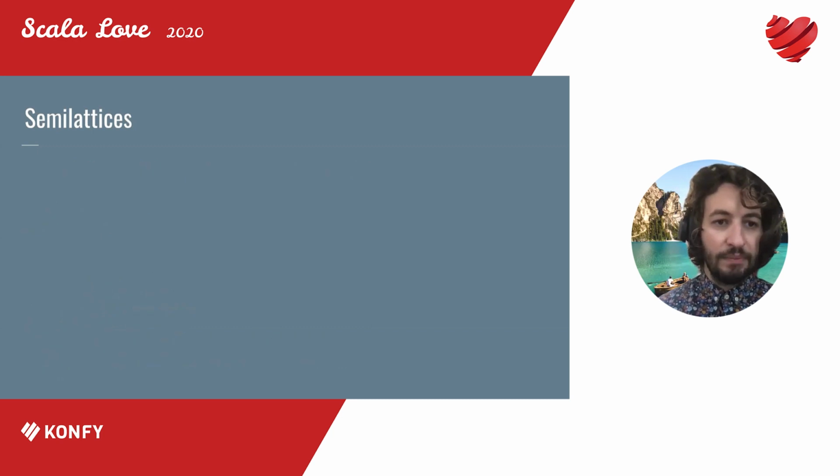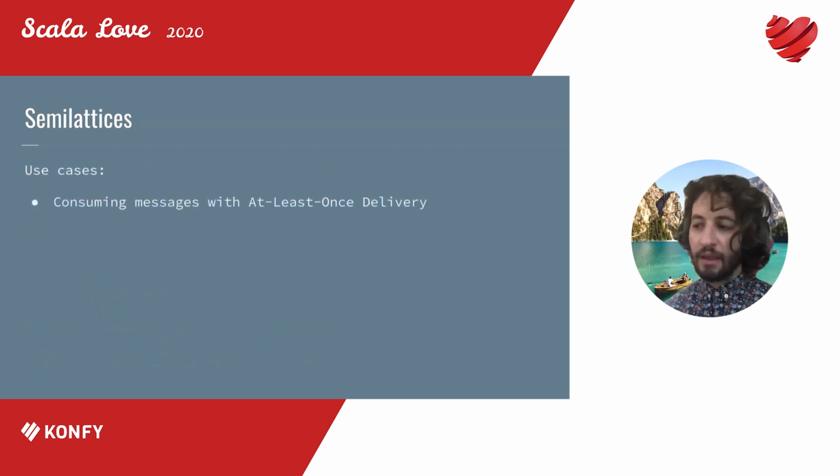Okay, what can we do with semilattices? What else is there? Idempotency is a really important thing if you look at distributed systems like Amazon SQS, where you have some kind of at-least-once delivery, because you can't guarantee that a message will be delivered exactly once.